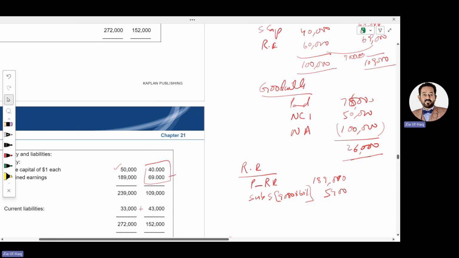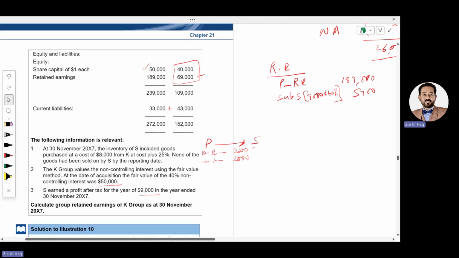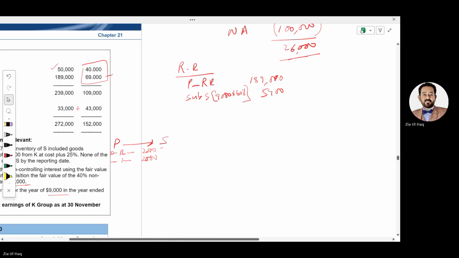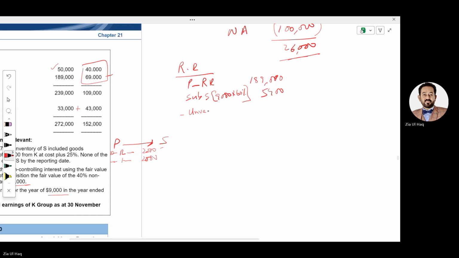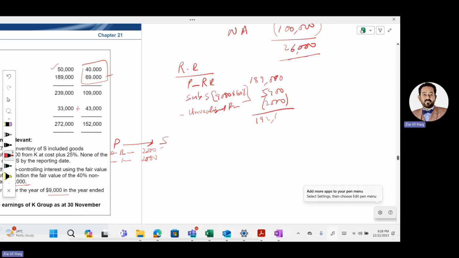And we need to eliminate this 2,000 from the retained earning. What is this? Unrealized profit, 2,000. So 189,000 plus 5,400 minus 2,000 gives 192,400.